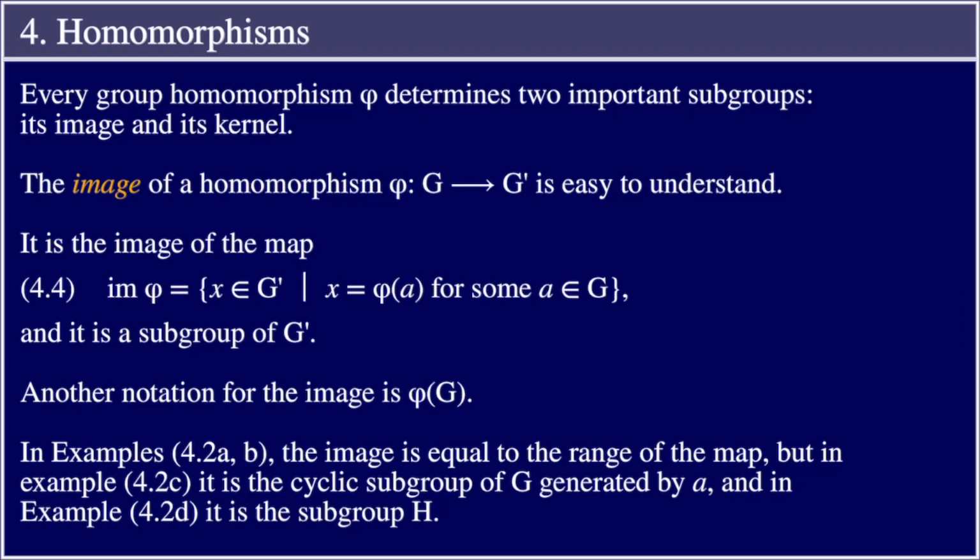Another notation for the image is φ(G). In examples 4.2 A and B, the image is equal to the range of the map, but in example 4.2 C, it is the cyclic subgroup of G generated by a, and in example 4.2 D, it is the subgroup H.